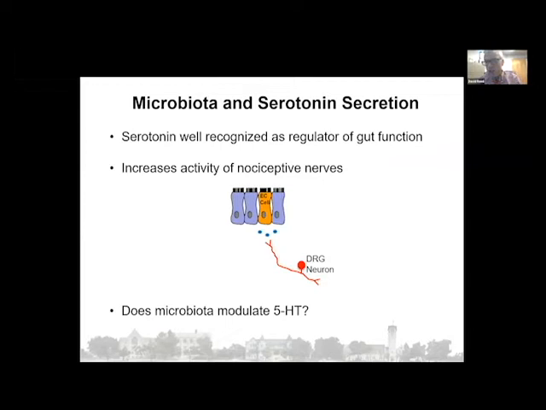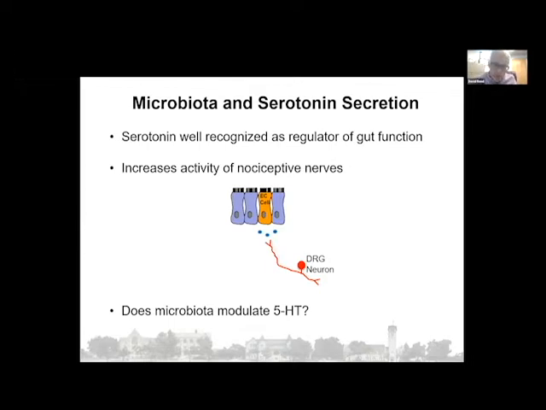As we all know, it's well recognized that serotonin is an important regulator of gut function, and it can increase the activity of nociceptive nerves, which I've shown here in this schematic, which shows an enterochromaffin cell, which houses a lot of the serotonin within the gut, which when stimulated can release the serotonin on the basolateral side, which in turn can activate 5-HT3 receptors on nociceptive nerves whose cell body reside in the dorsal root ganglion, or DRGs. And then this information is conveyed on towards the brain.